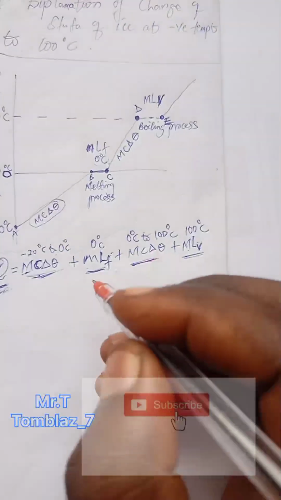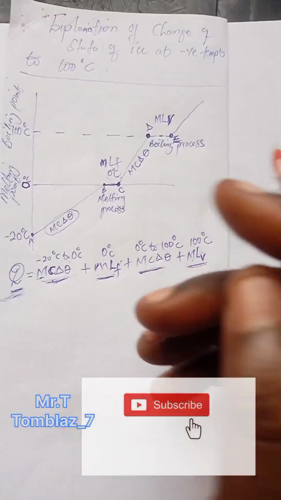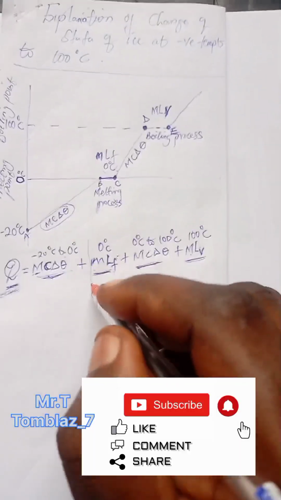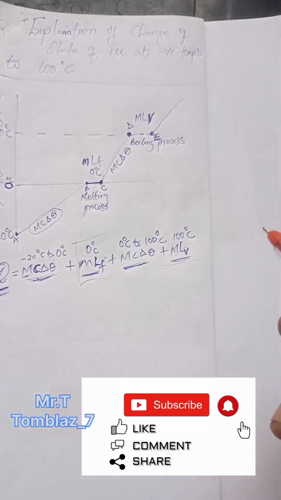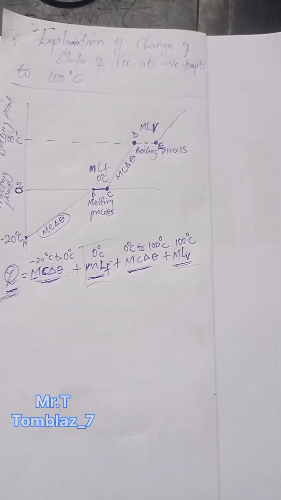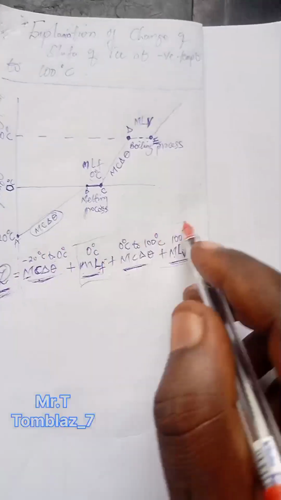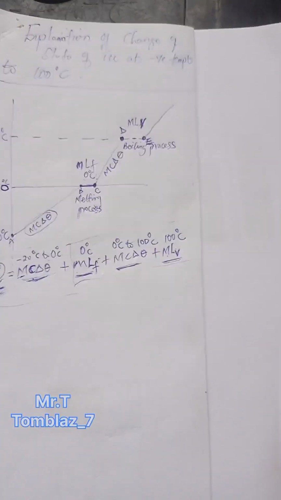So if it is at 0 degrees centigrade to 100 degrees centigrade, we use from this portion, right? If it is from minus 20 degrees centigrade, we use the whole of the portion, right?